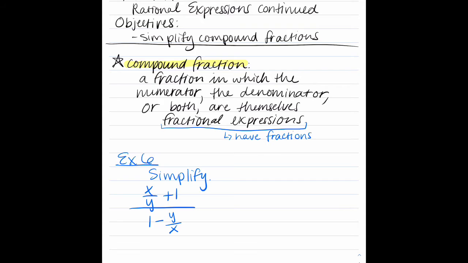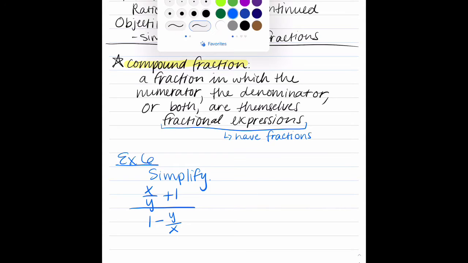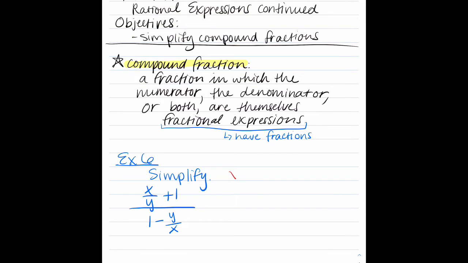So for this example, I'm just going to write some steps out on the side. What we're going to do is combine terms in the numerator to a single fraction.